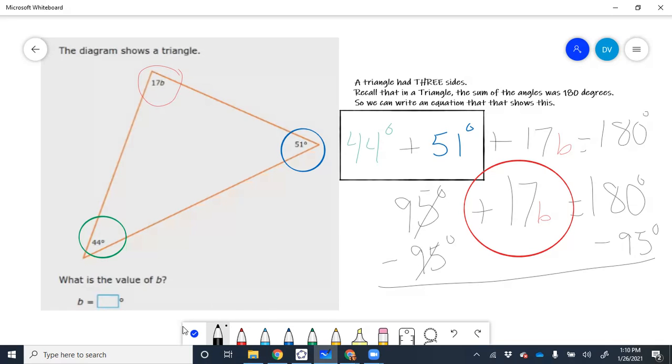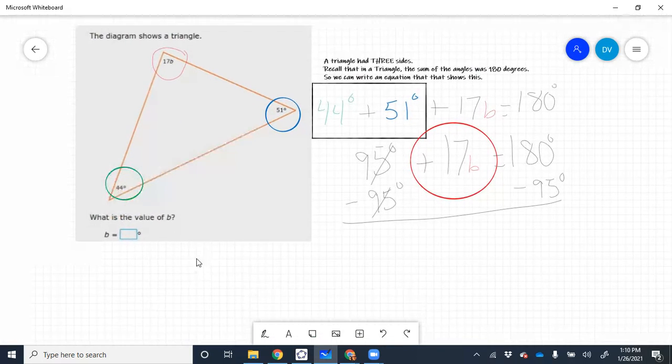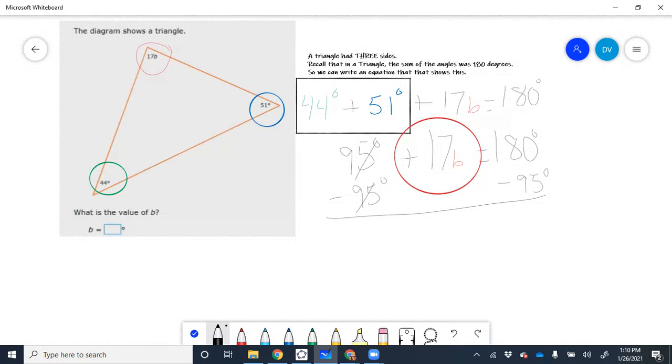I might need more room though. Let me move it down or up. Now we're going to have 17B, and so 180 minus 95 is 85 degrees, sorry.